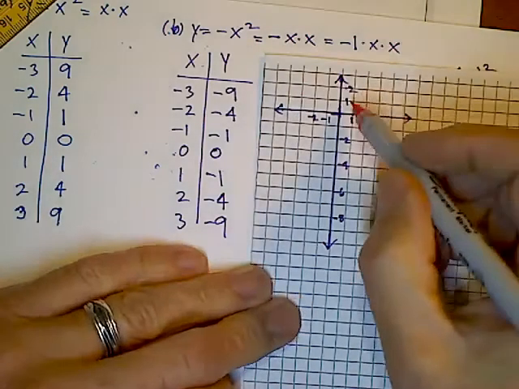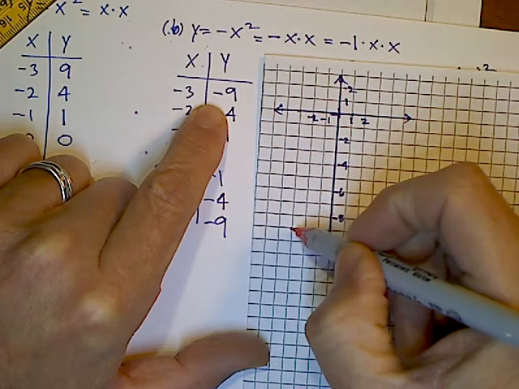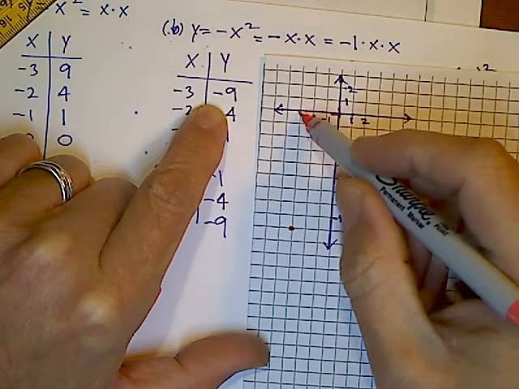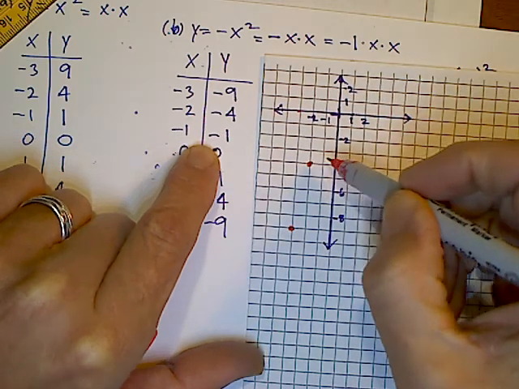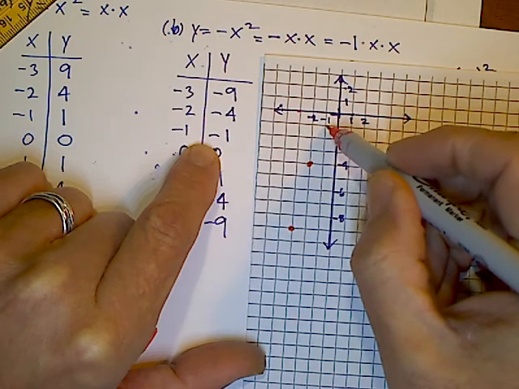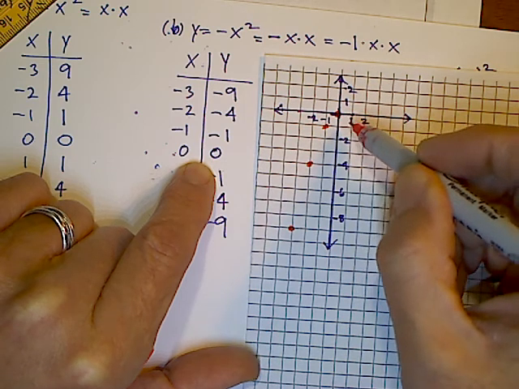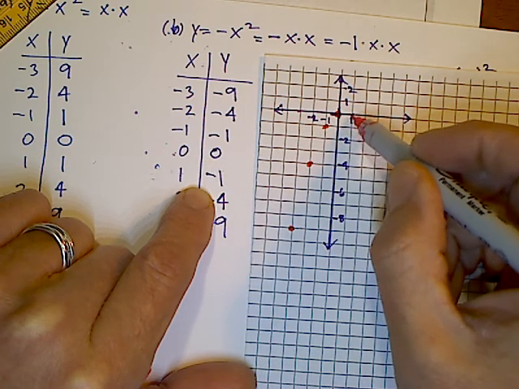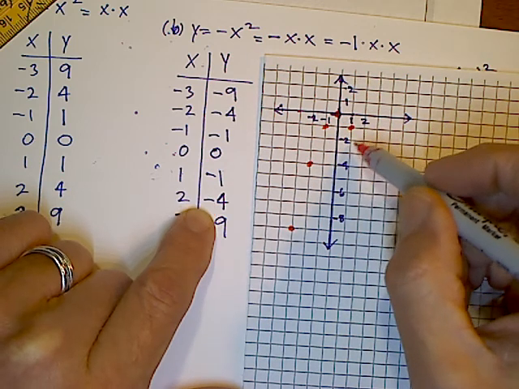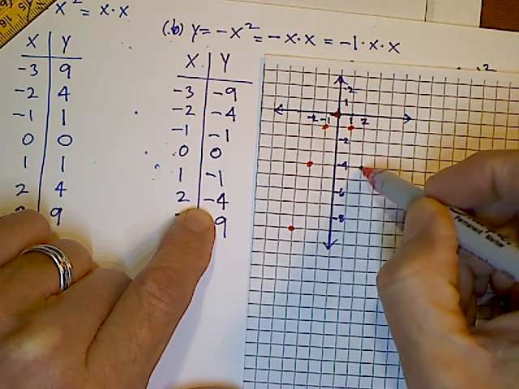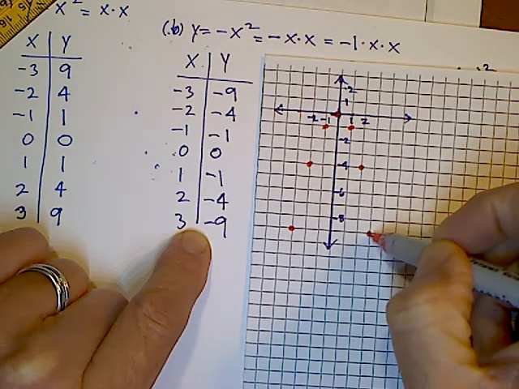We have -3, -9 right down here. So -3 on the x, -9 on the y, -2 on the x, -4 on the y, -1 on the x, -1 on the y, then 0, 0, so my origin there, and then +1 on the x, -1 on the y, +2 on the x, -4 on the y, +3 on the x, -9 on the y.